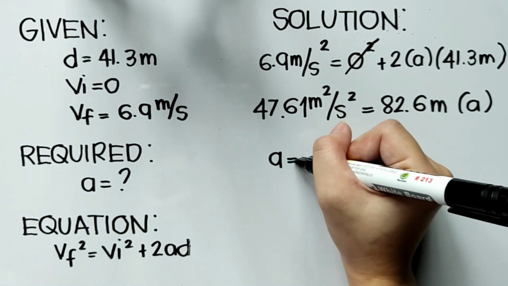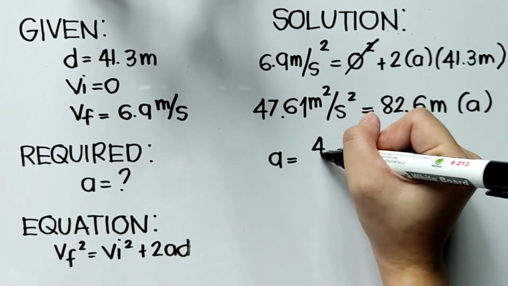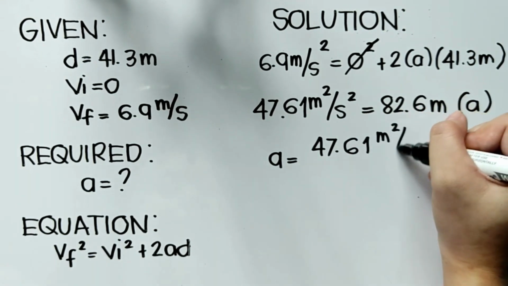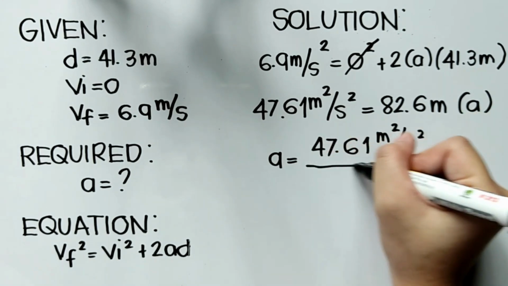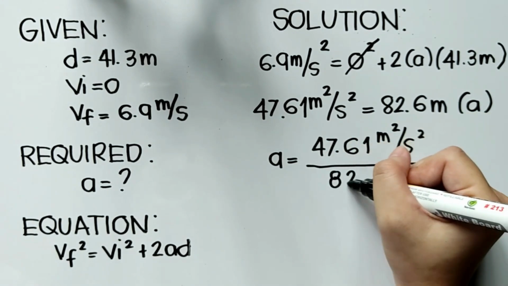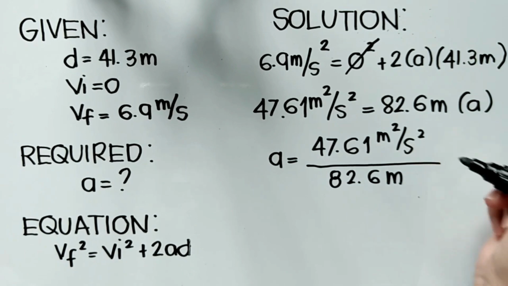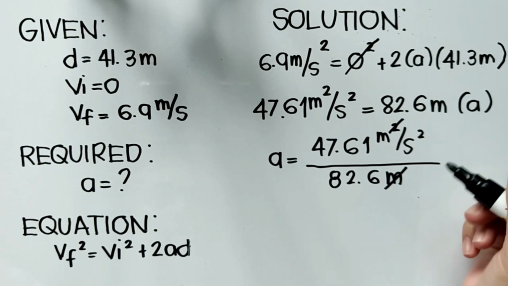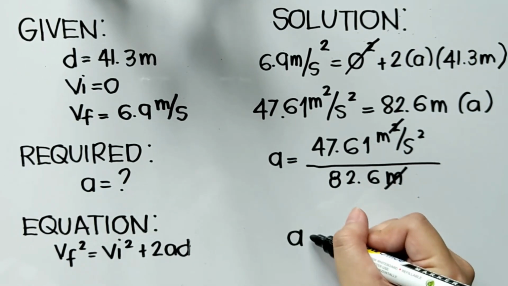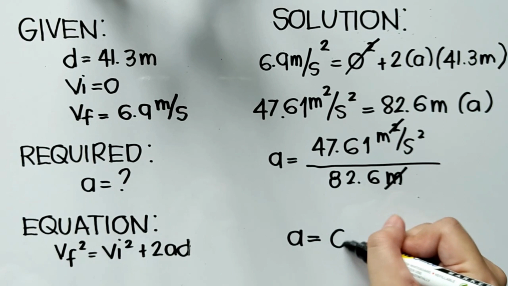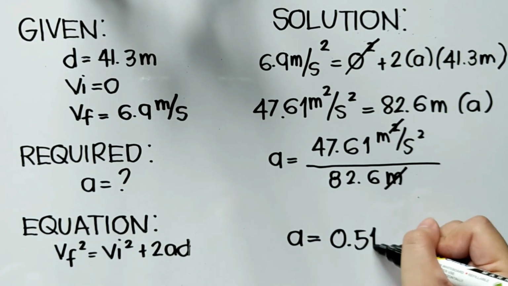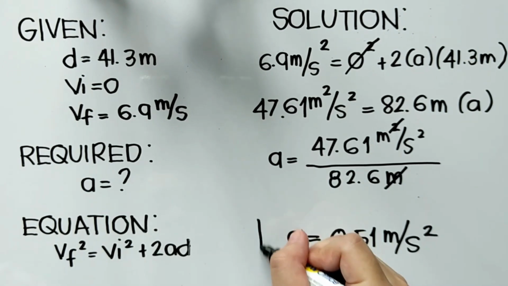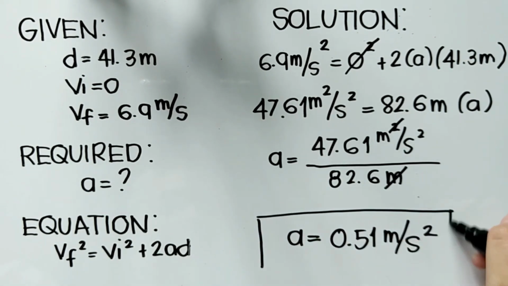For us to solve the acceleration, we will just divide 47.61 meters squared per second squared by 82.6 meters. We will just cancel the meter, and the acceleration of Angela's bike is 0.51 meter per second squared. And this would be our final answer.